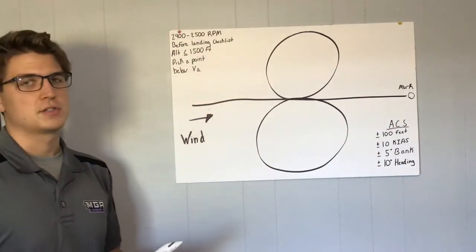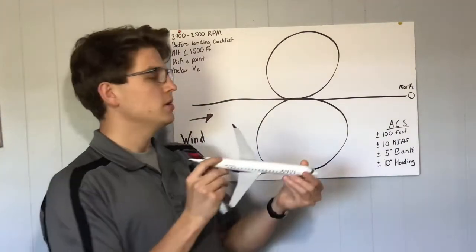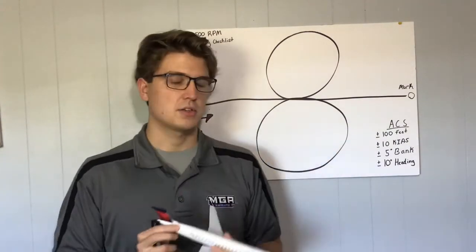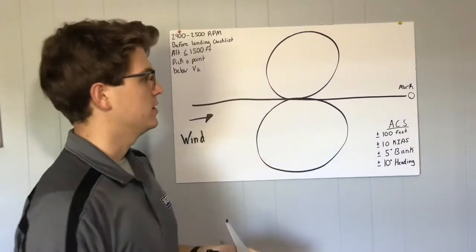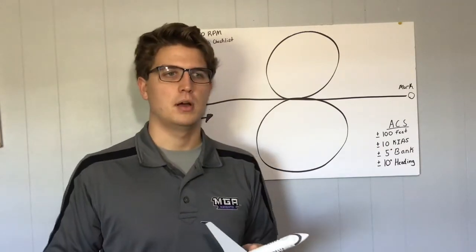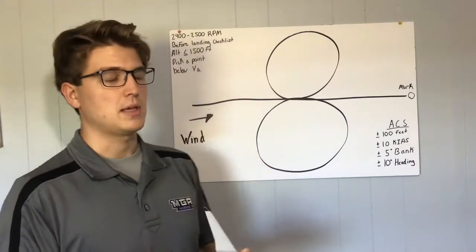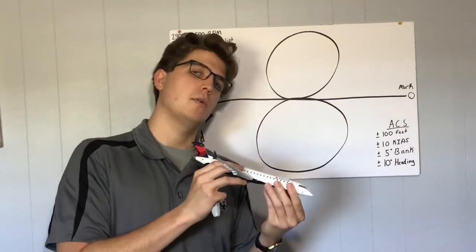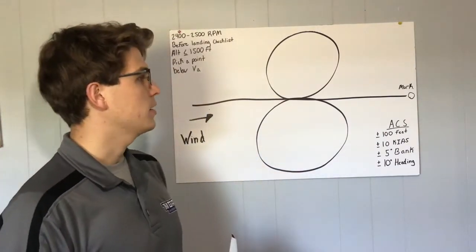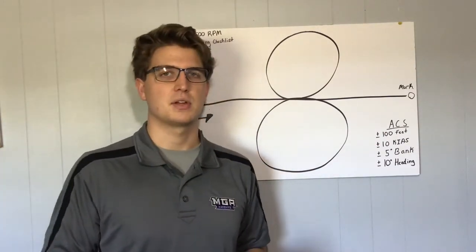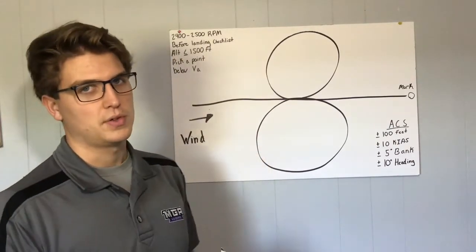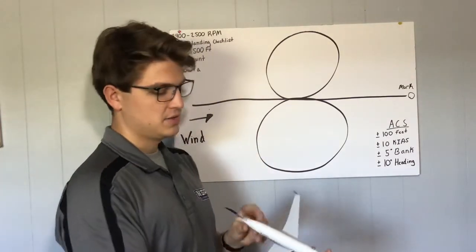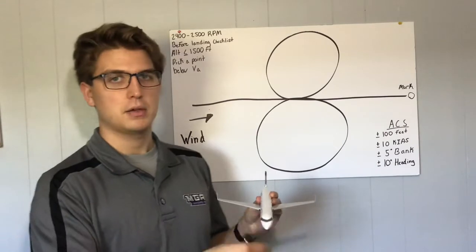You're also going to notice that the airplane is going to want to continue to turn. This is called a left turning tendency, and it's due to the overbanking, and the airplane wants to keep going. But it's also accommodated by left turning tendencies of the aircraft, such as the torque of the airplane. This is a jet, but imagine there's a propeller at the end of it.